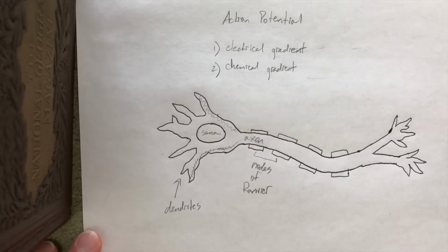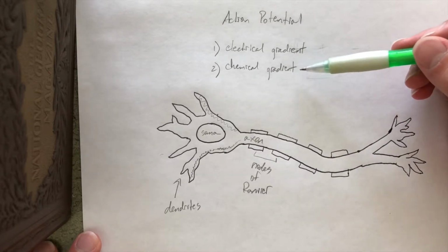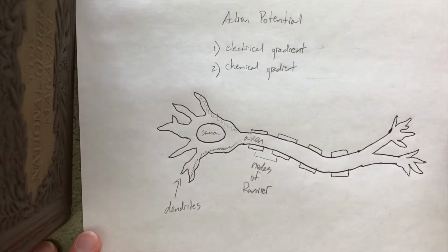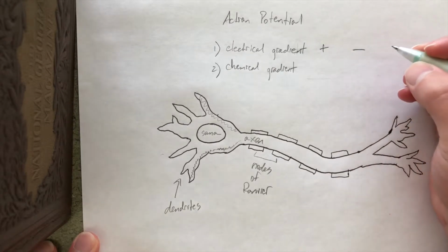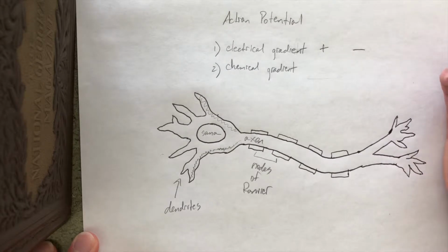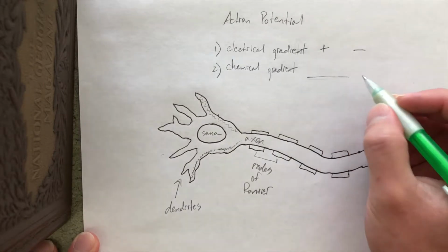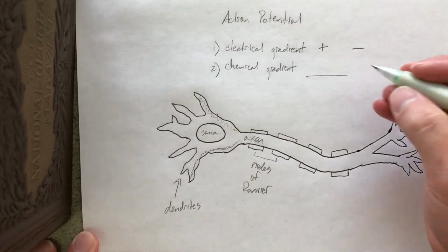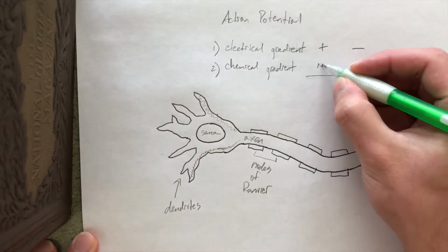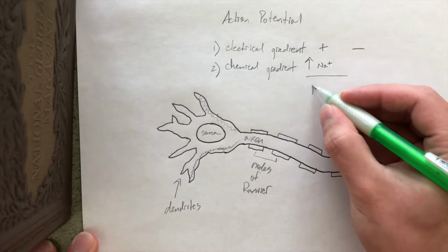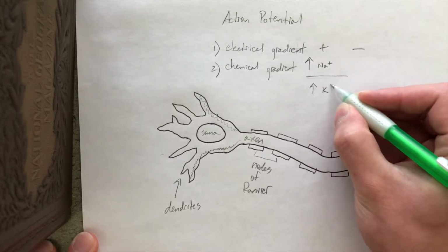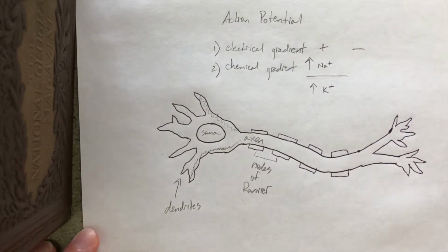And so the action potential is made up of two gradients, one being the electrical and the other being the chemical gradient. And by electrical gradient, we're talking about a gradient between positive and negative charge. And by chemical gradient, we're talking about a concentration differential between one type of chemical on the outside, in the case of an action potential, sodium, and on the inside of the cell, you'll have a higher concentration of potassium.